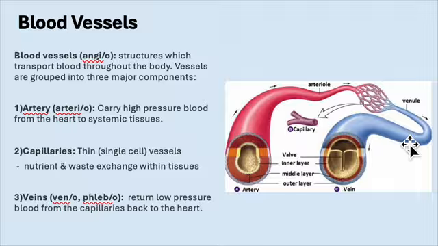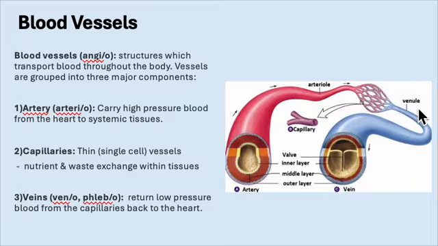By the time blood reaches the veins, the pressure is now much lower than it was in the arteries. The pressure has lessened quite a bit as the distance from the heart has increased, and because we are now moving into the capillaries where gas exchange is happening. So there is a lot less pressure here in the capillaries to allow for the movement of substances to and from the blood.